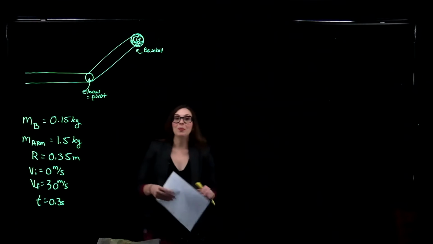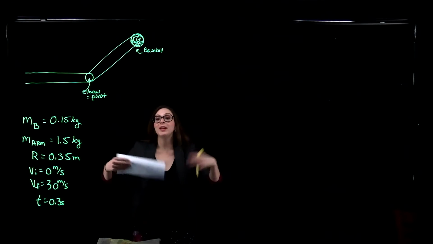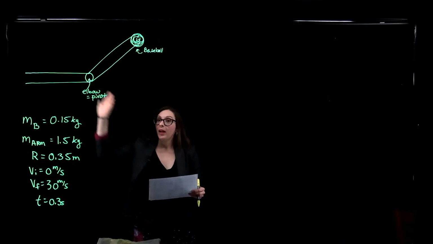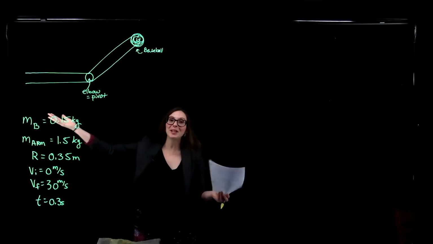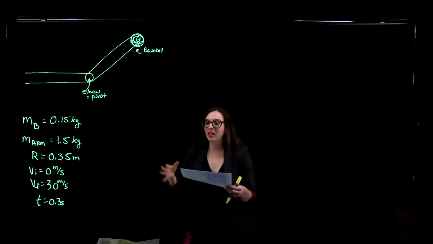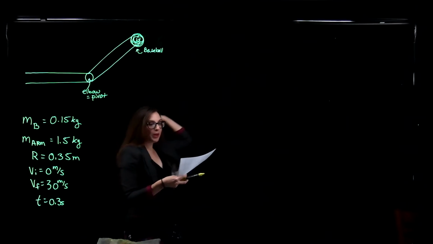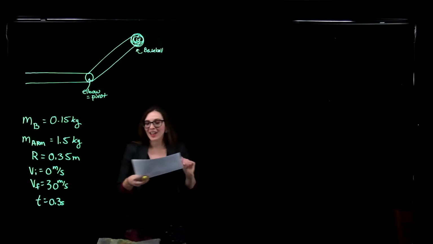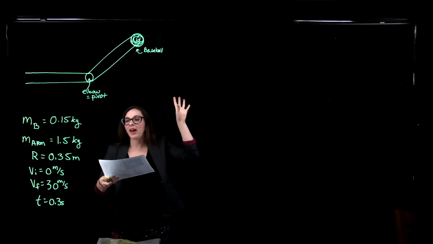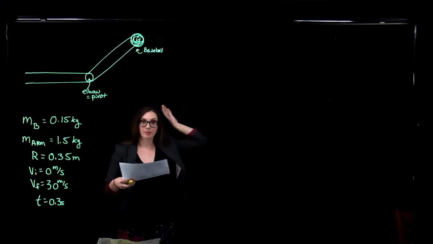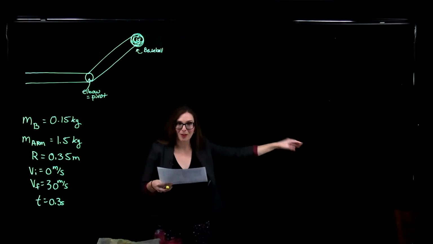In this problem, we're going to apply our rotational equivalent of Newton's second law to a real-world problem, to baseball. So we have a baseball player, and they are going to toss a 1.5 kilogram baseball, and we have our arm that is going to do the tossing of that baseball, okay?